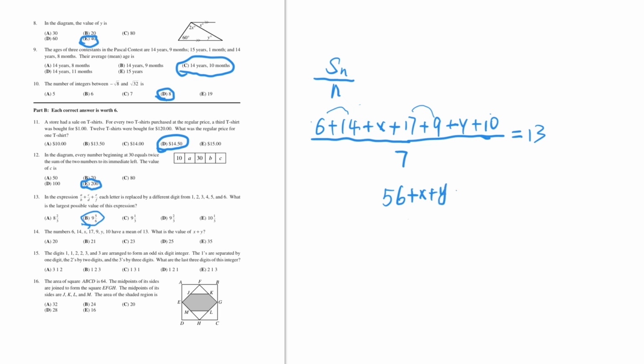Multiply both sides of the equation by 7. That's 91. So x plus y equals 91, move the 56 to the other side, changing the sign, minus 56. That's 35. So the answer is E.